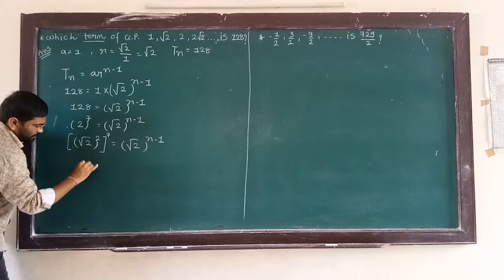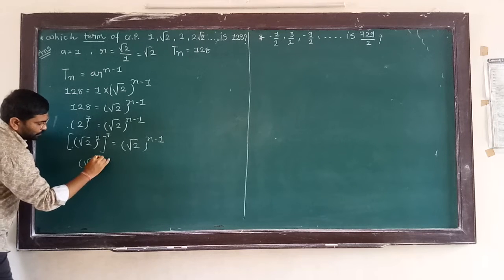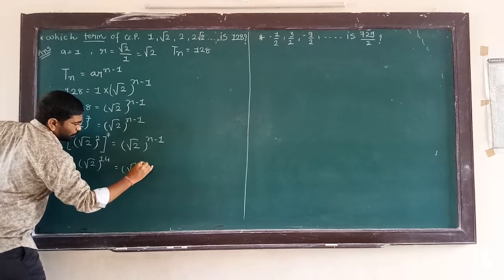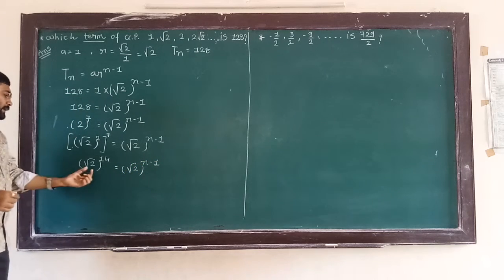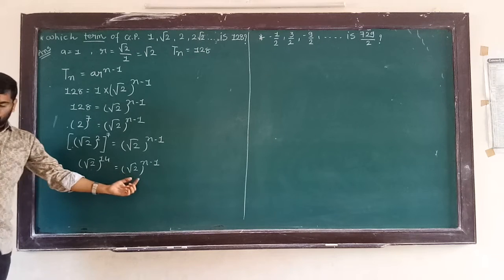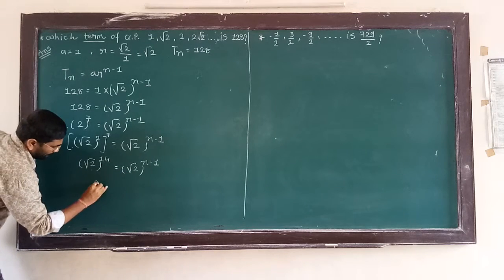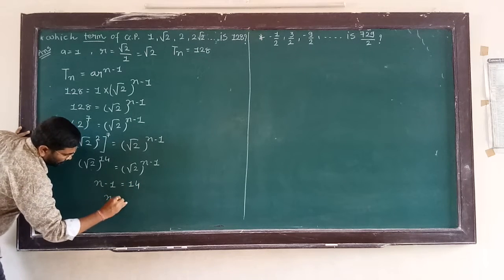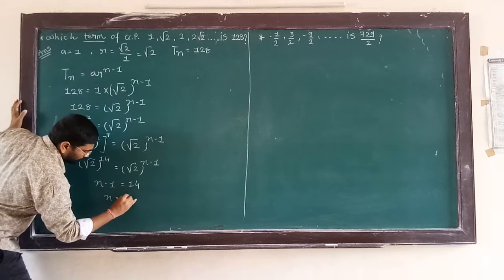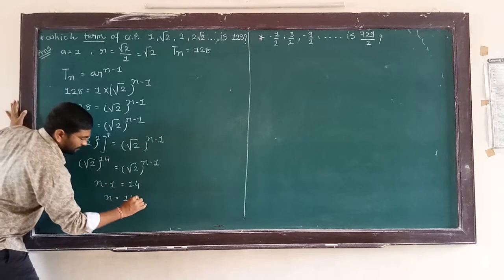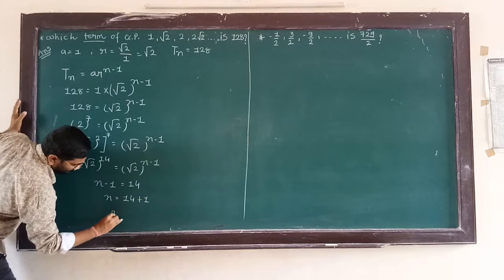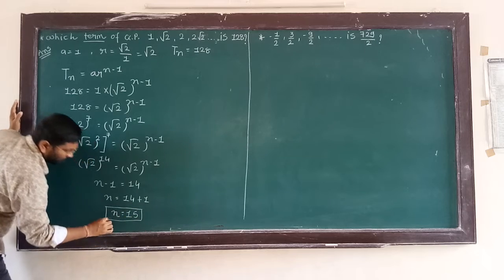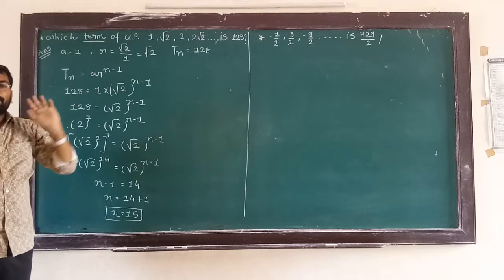Here the base on both sides, root 2, is the same, then we write n minus 1 is equal to 14. The minus 1 changes sign to the opposite side, plus 1, so n is equal to 15. Here the term number 15 is 128.